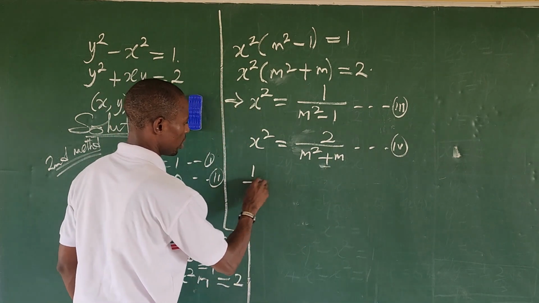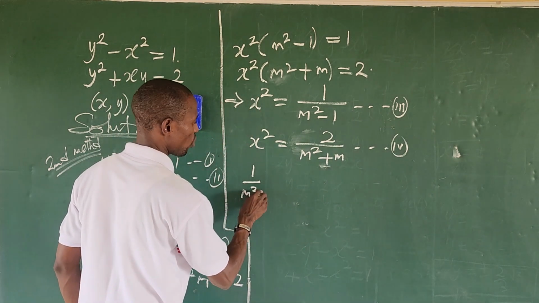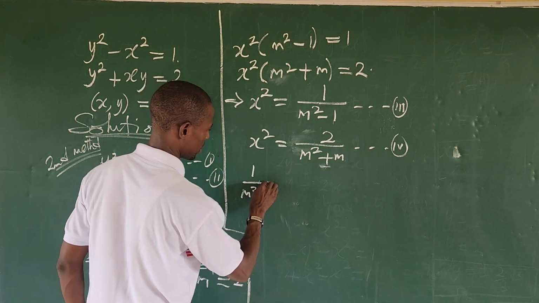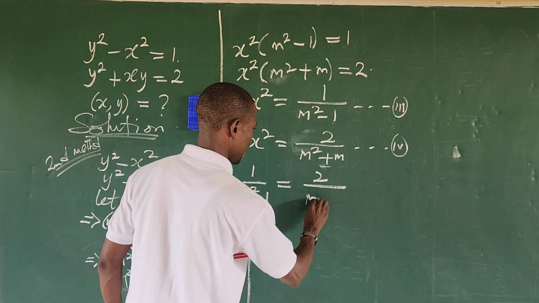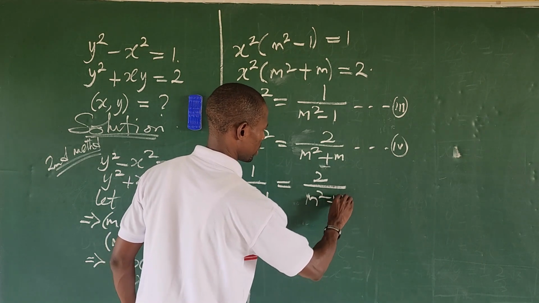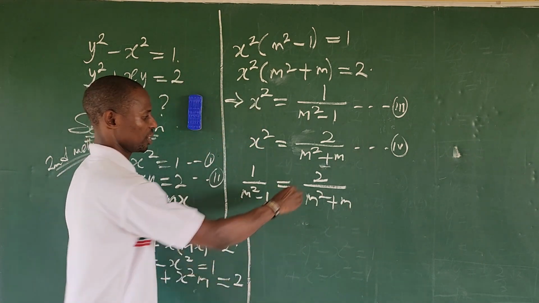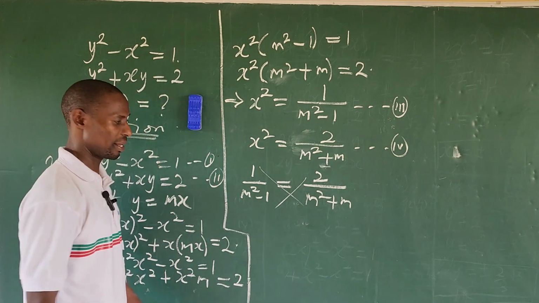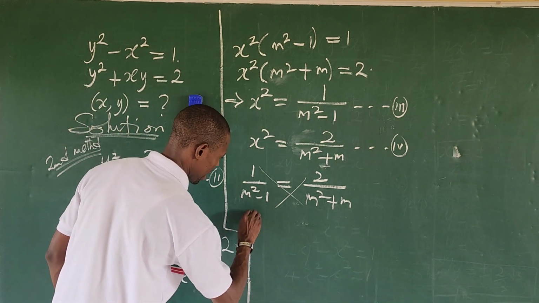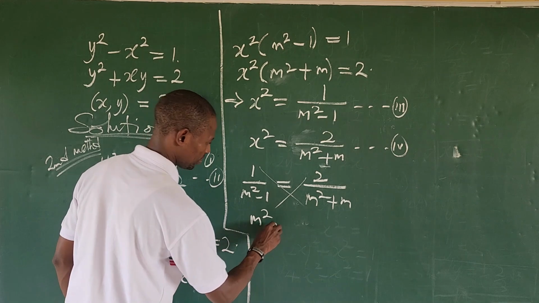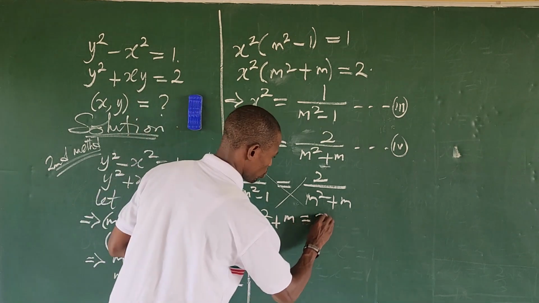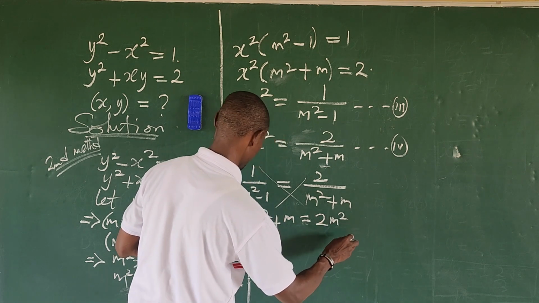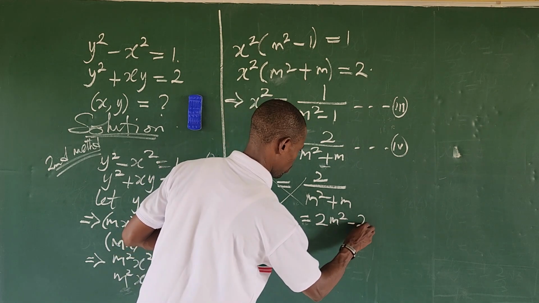So we're going to have 1 all over m squared minus 1 equal to 2 all over m squared plus m. All we just need to do is cross multiply here. So if we cross multiply, we're going to have m squared plus m equal to 2m squared minus 2.